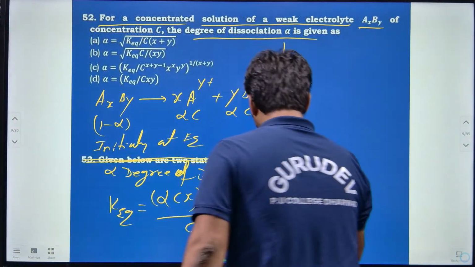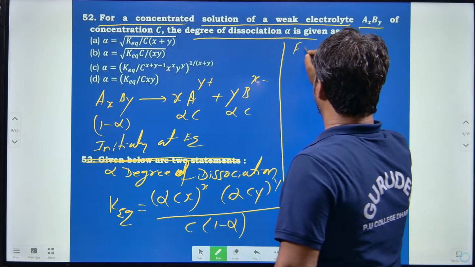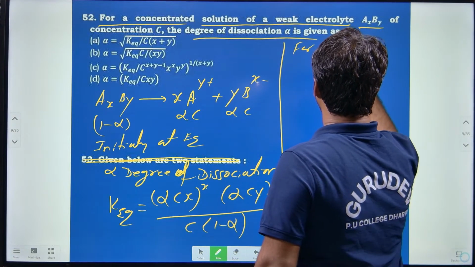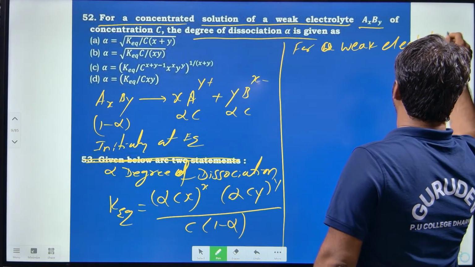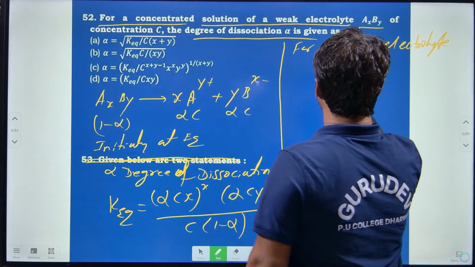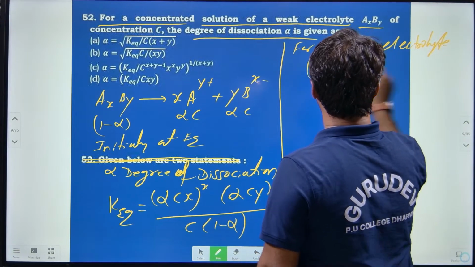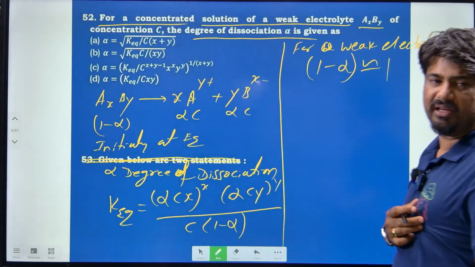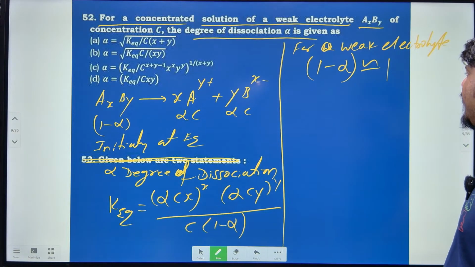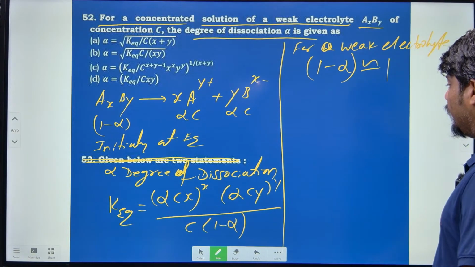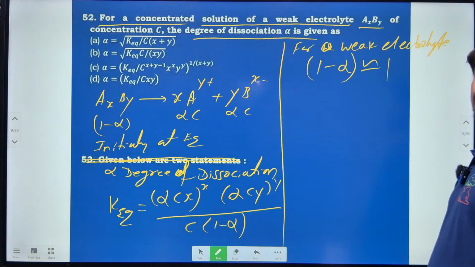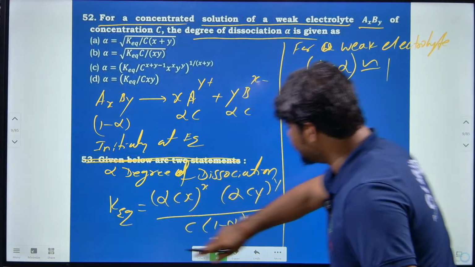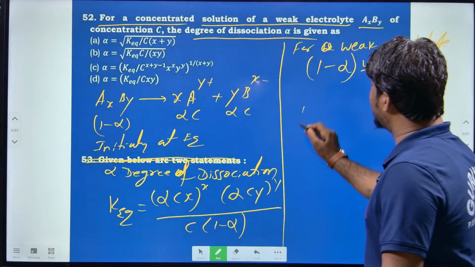So here we know that for a weak electrolyte, 1 minus alpha is almost equal to 1. It's small and very negligible. Then what is the alpha from this equation? On further simplification, I am going to get the alpha.